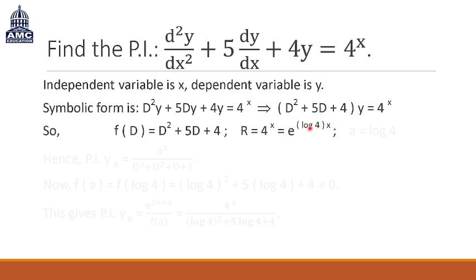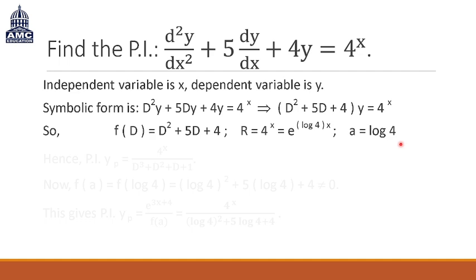So e to the power log of something is that something. So 4 to the power x is e raised to the power log 4 multiplied by x. So the coefficient of x in the power of e is log 4, and a is going to be equal to log 4.